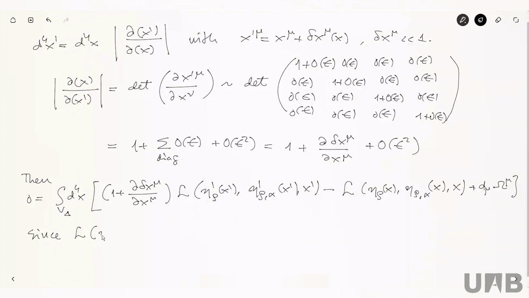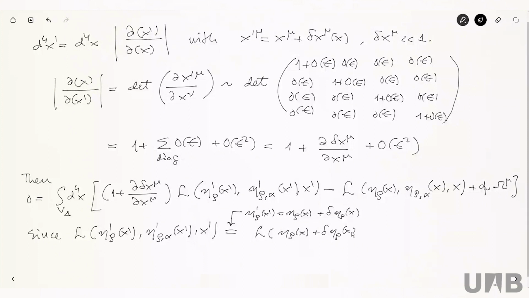So this is the Lagrangian, which depends on everything primed. And now, because we are transforming eta prime rho of x prime as eta rho of x plus delta eta rho of x, of course, this is going to be the Lagrangian of eta rho of x plus delta eta rho of x.